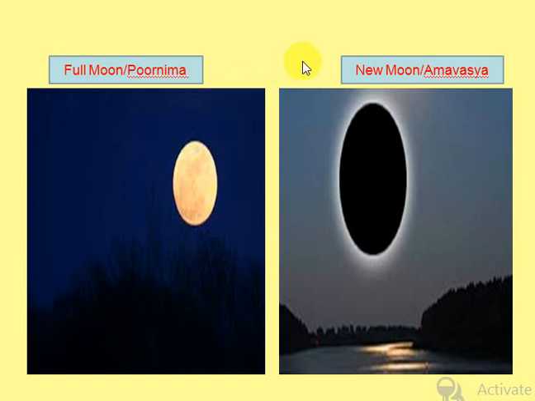So the moon appears in the sky in different shapes. When the moon is almost directly between the earth and the sun, we cannot see the moon at all, because the side of the moon facing us does not receive sunlight. And this is called Amavasya.